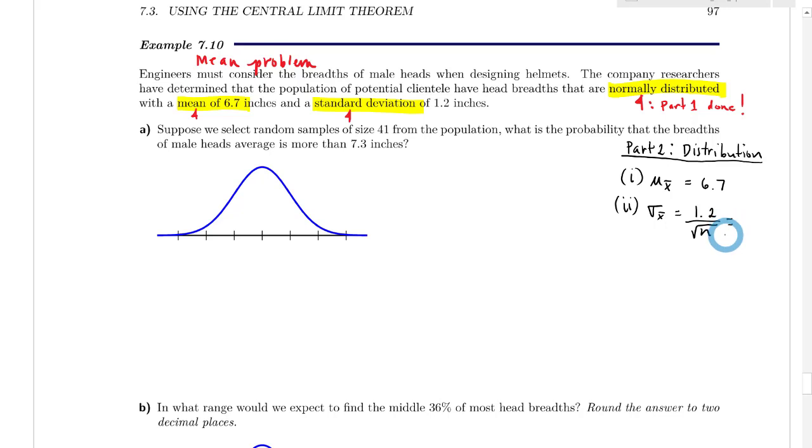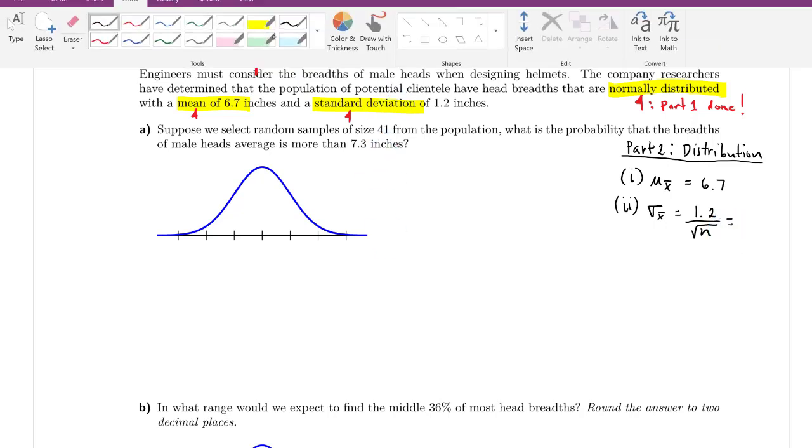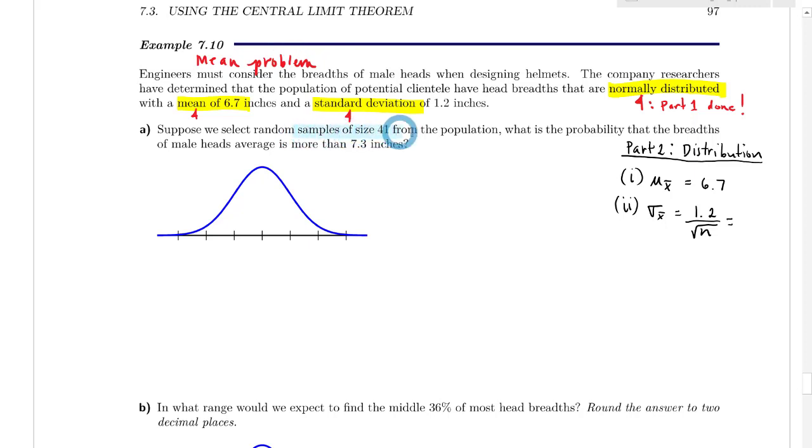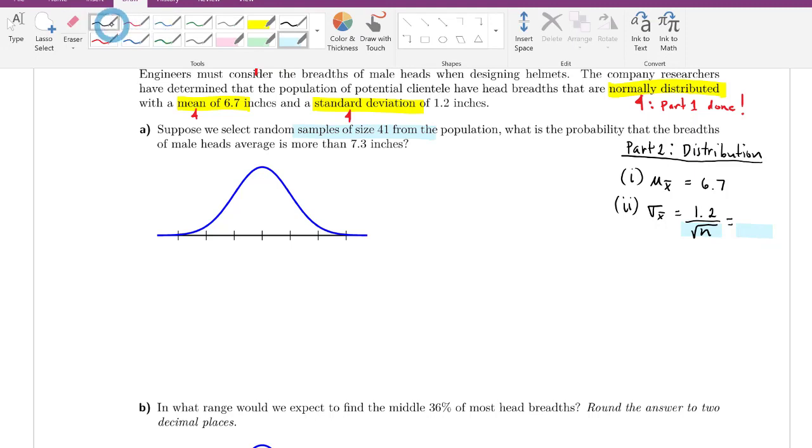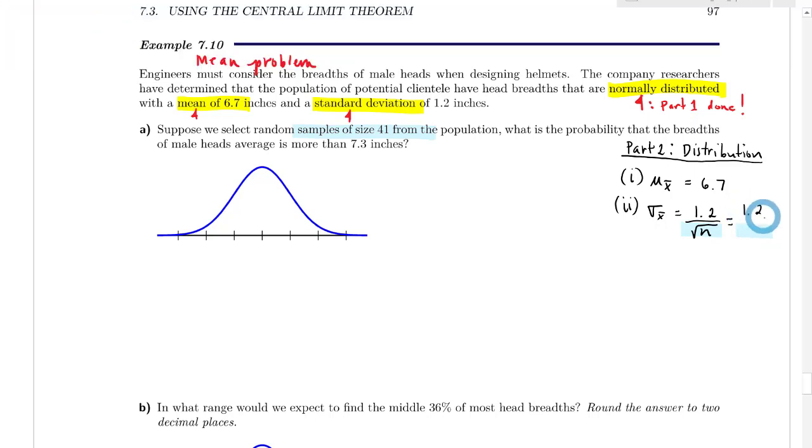In this particular part, we have a sample size of 41. So we'll have 1.2 divided by the square root of 41. Okay, so now let me put this little sidebar, and now we can come back to the problem.